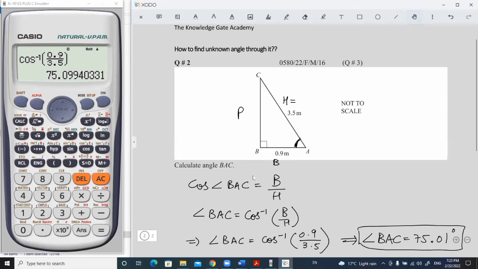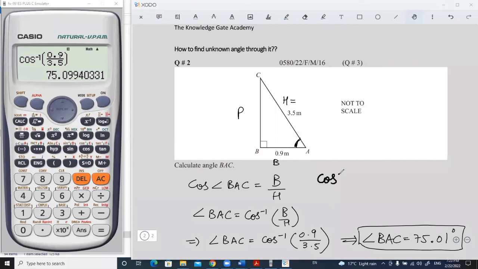Now I'm going to let you know how it becomes inverse, how it is not simply divided onto the other side. There is one simple rule: we need to make angle BAC the subject. So angle BAC is to be written together with a trigonometric ratio. How do we deal with it? We take the inverse on both sides.